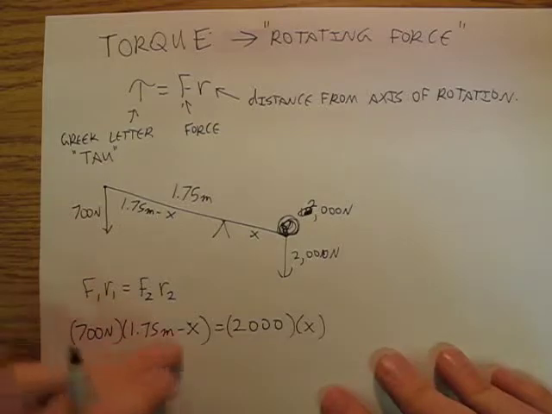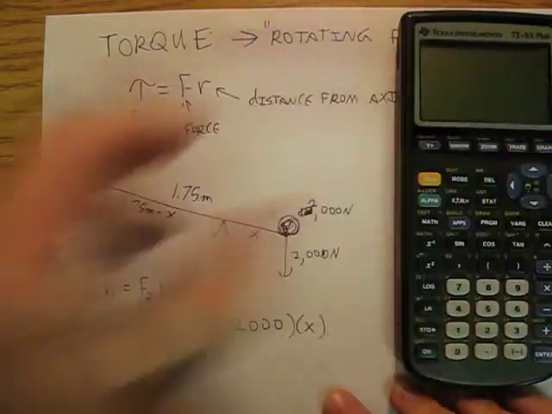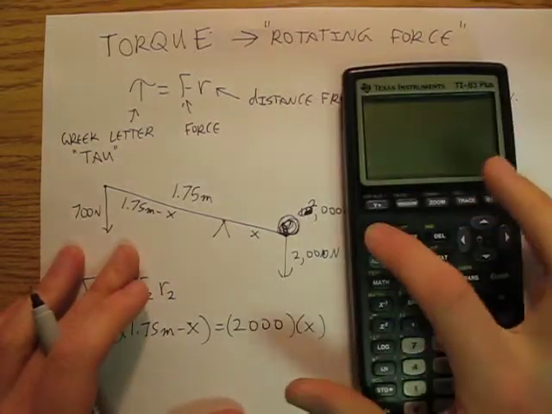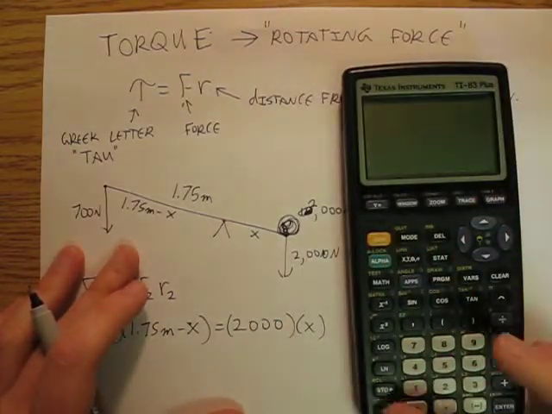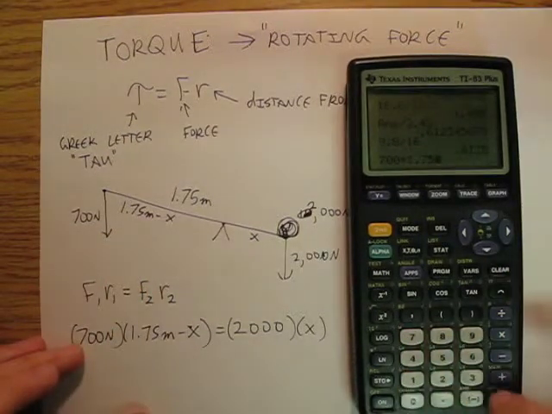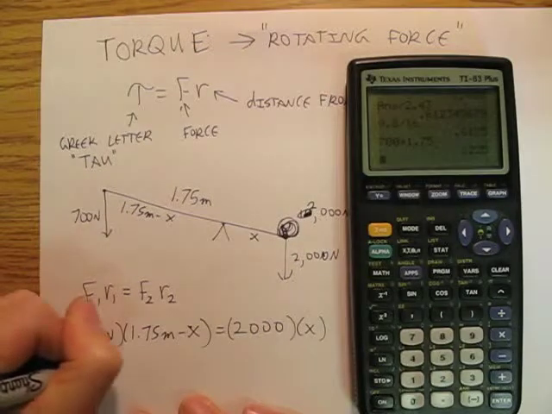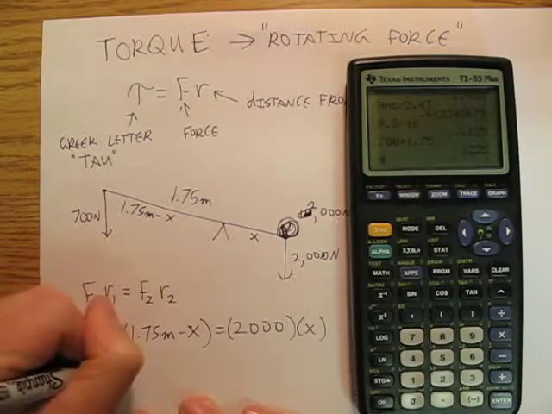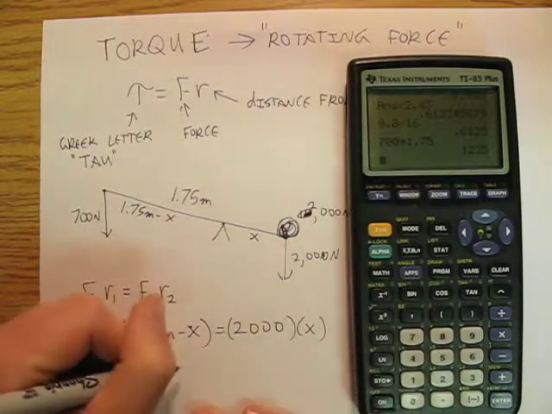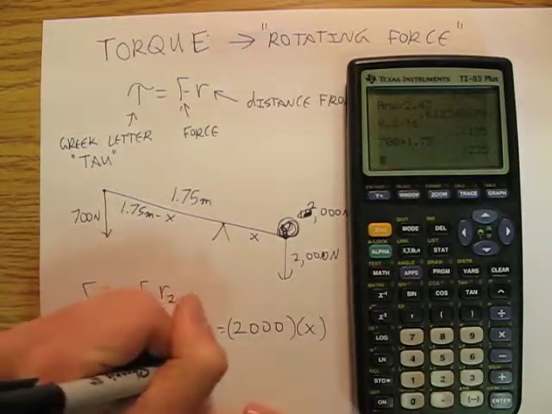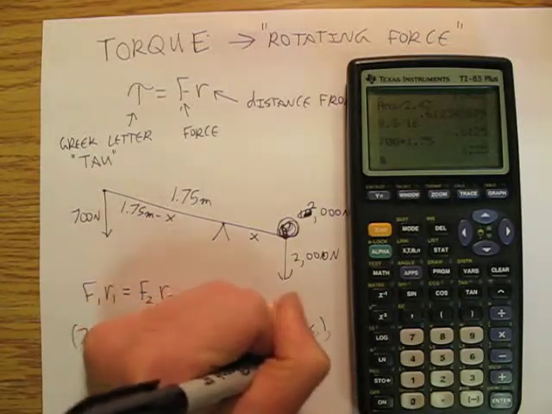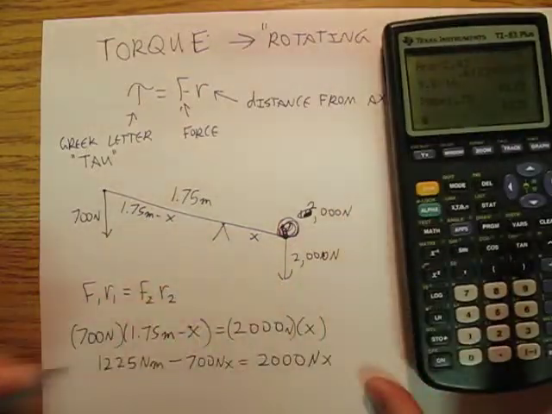I'll do it out of my calculator. 700 times 1.75 is 1,225 Newton meters minus 700 newtons x equals 2,000 newtons x.